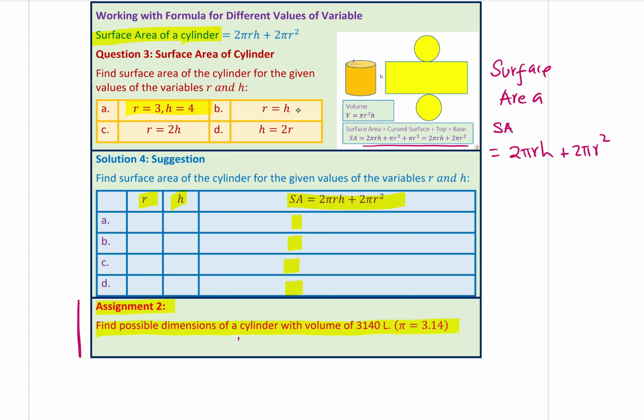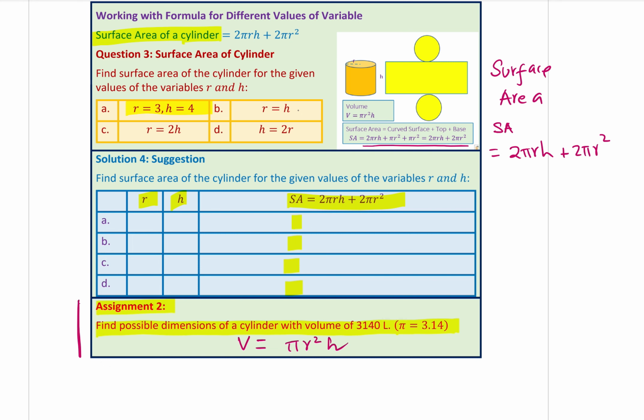We know the formula. Volume of a cylinder is pi r square h. Perfect. So that becomes an assignment, not very difficult. From today's learnings, this should not be very difficult. But adopt different approaches to get to your solution. That is the key. Perfect.